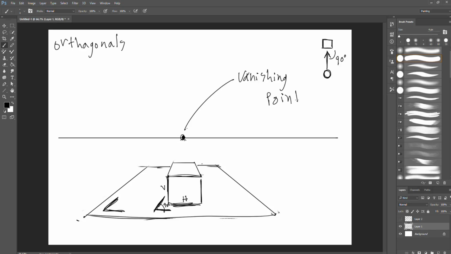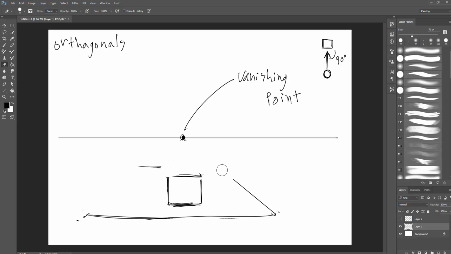Because again, if this object were infinitely long, that's the point where it would appear to disappear. And again, the key is that these lines will recede to a vanishing point on the horizon at my eye level, wherever my eye level is.